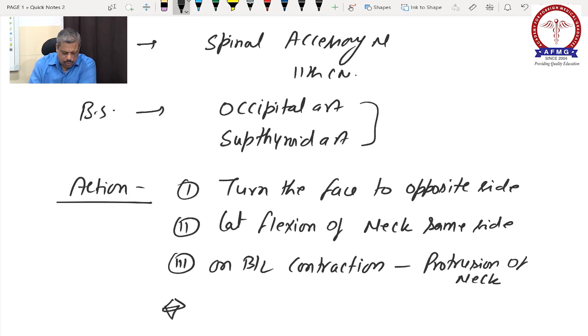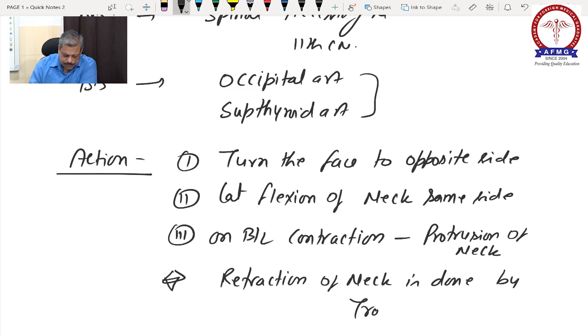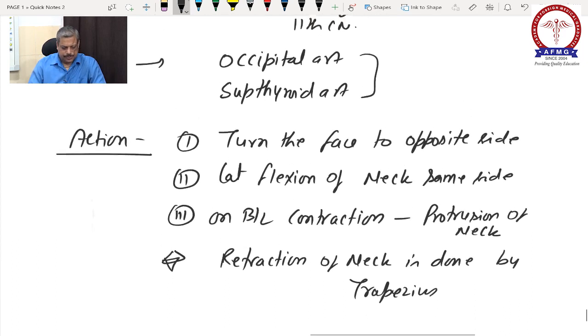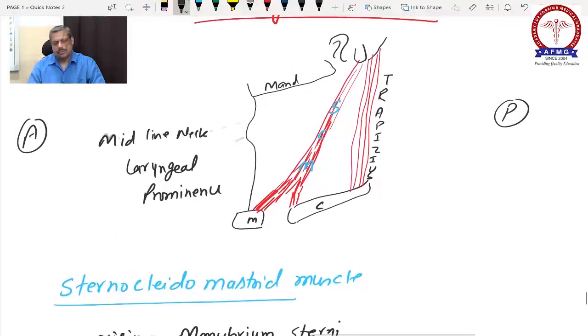One more question, which muscle causes retraction? Retraction of neck is done by trapezius muscle. Clear? So these are the actions of sternocleidomastoid muscle, a very important muscle.